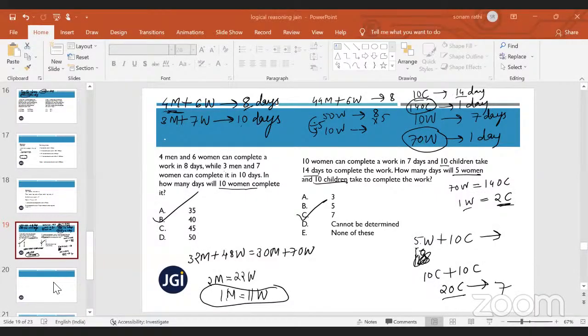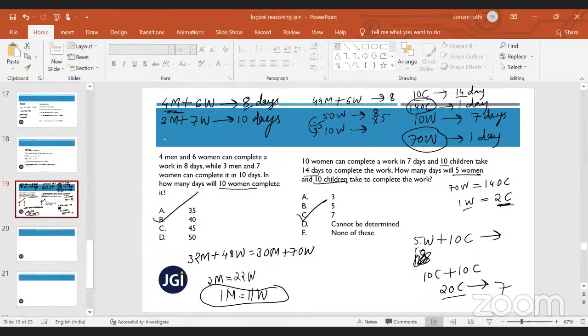Wait a minute, let me see what the problem is. Now is it visible? Okay.